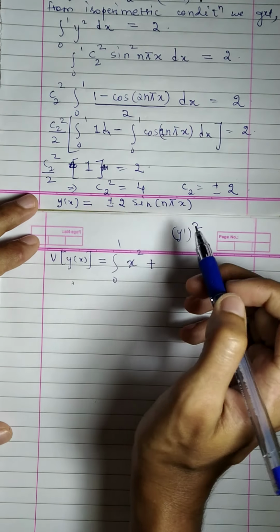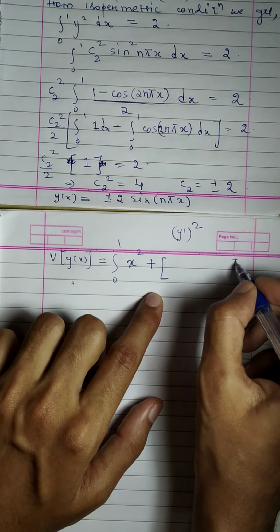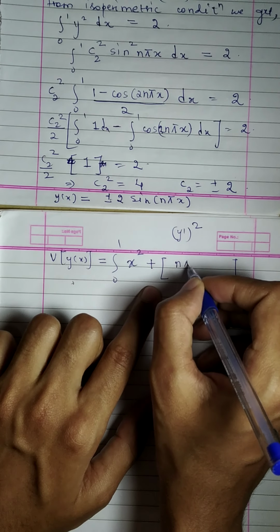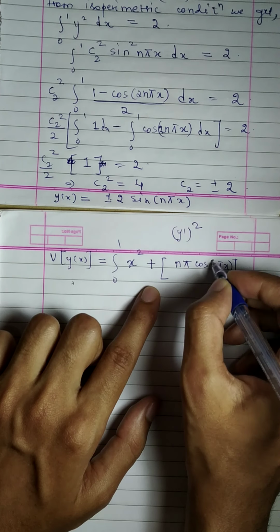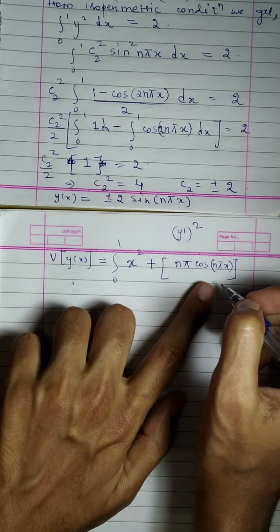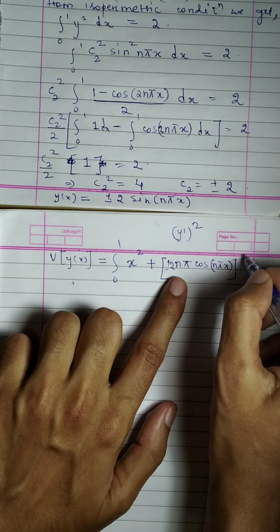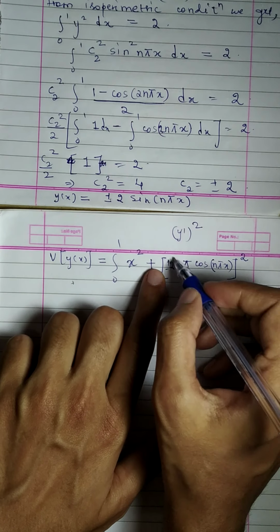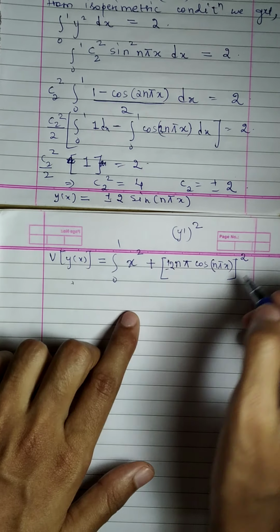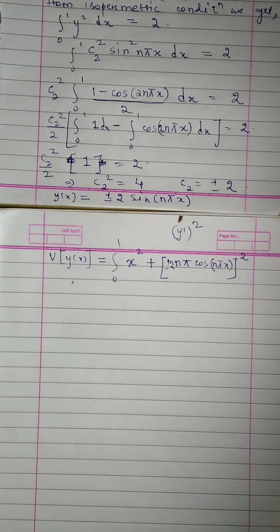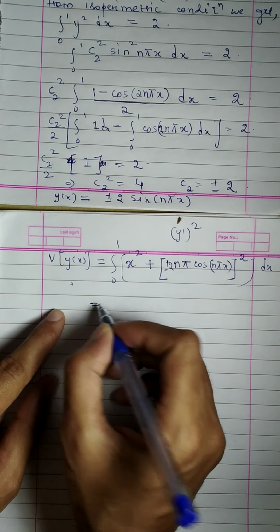Y dash will be n pi cos of n pi x into plus or minus 2, and then that will be equal to this y dash the whole square dx.